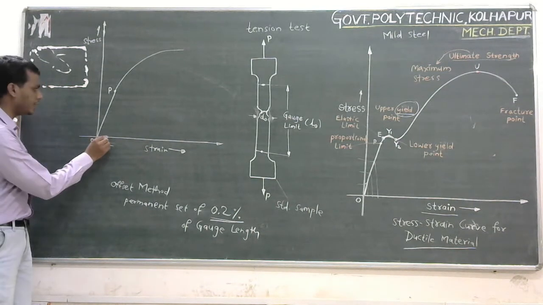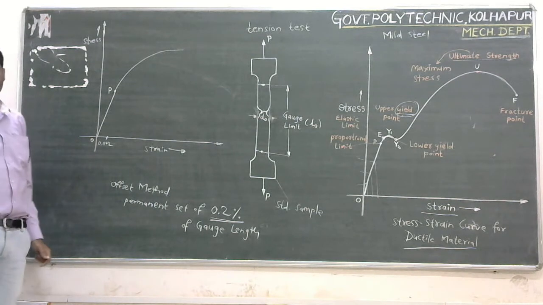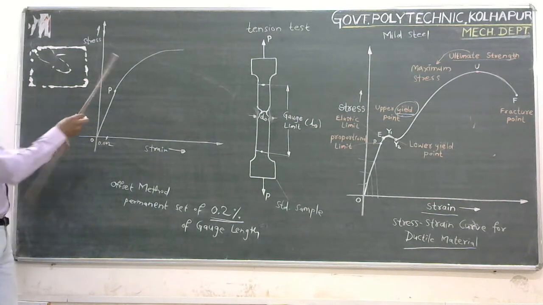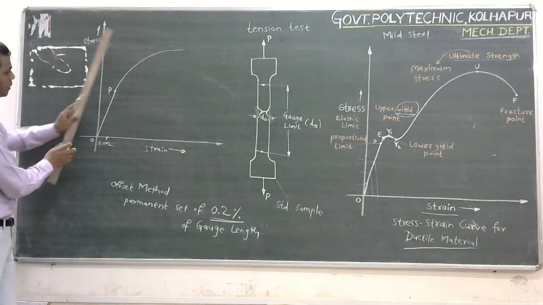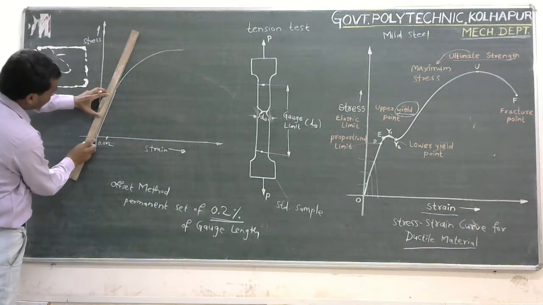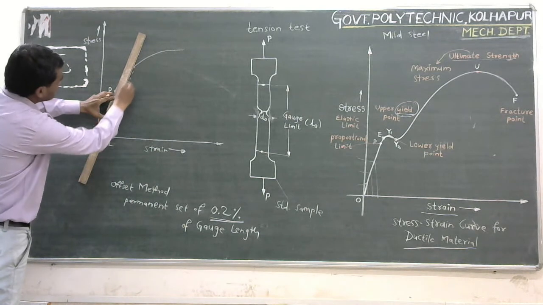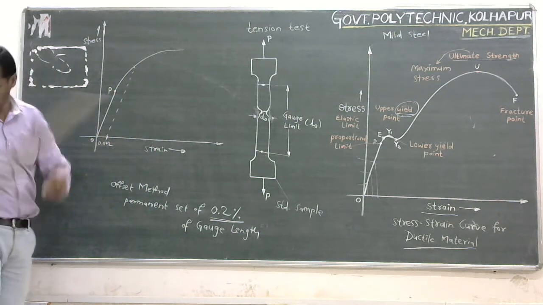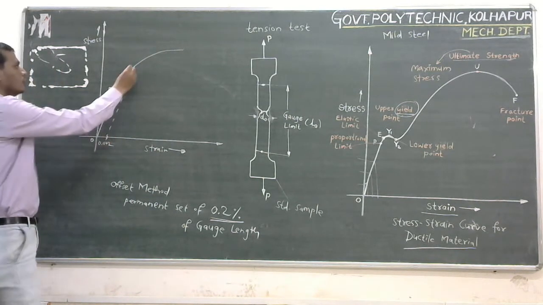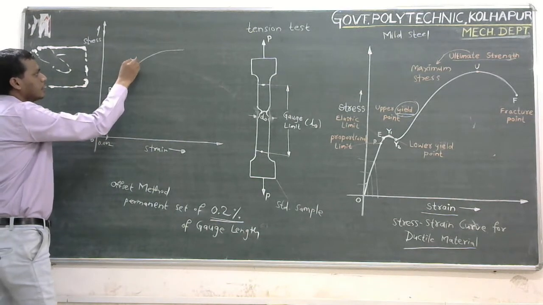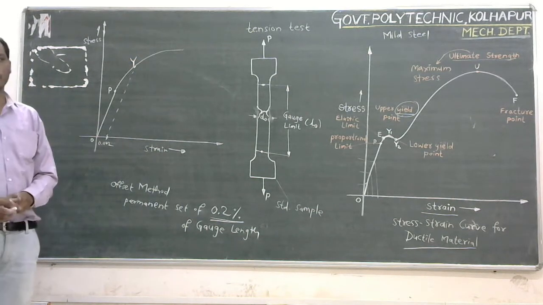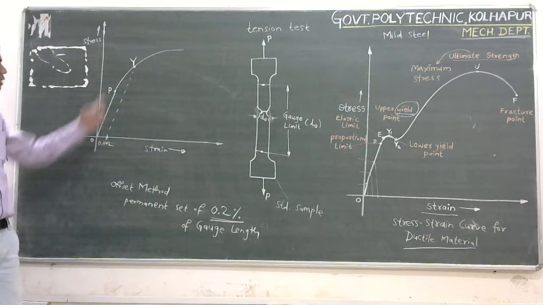So we mark a point here which is 0.002 and draw a line parallel to the proportional limit line. We take it parallel like this, and the point where it meets the curve, we take as the yield point. So this is the offset method to find the yield point.